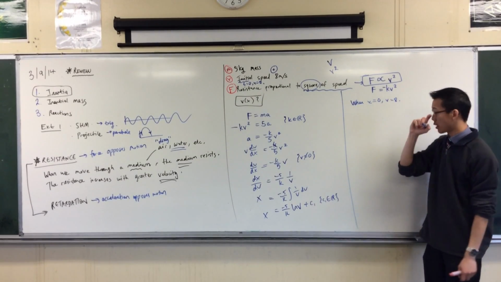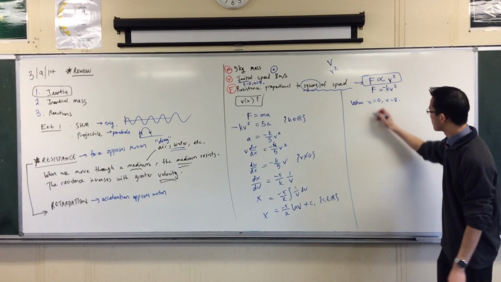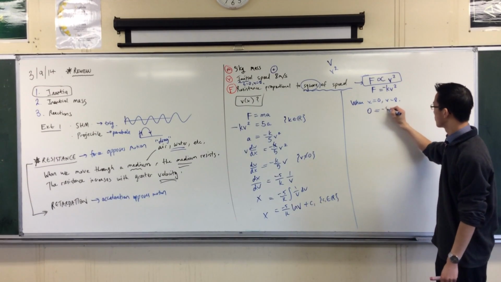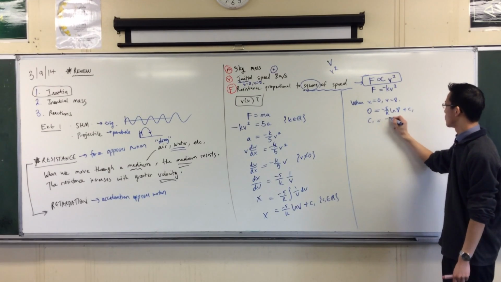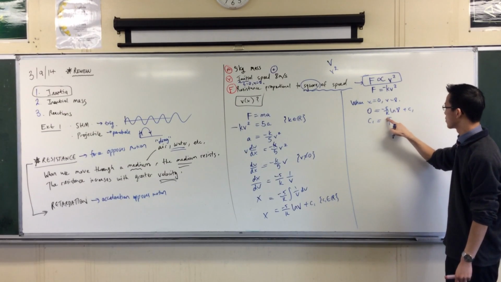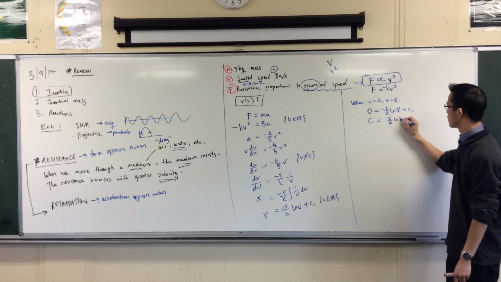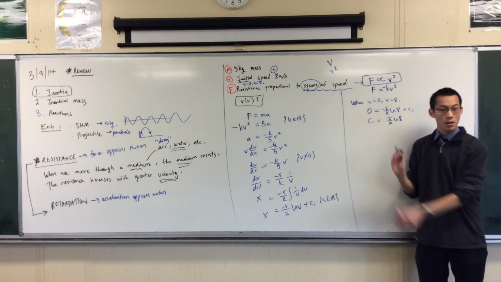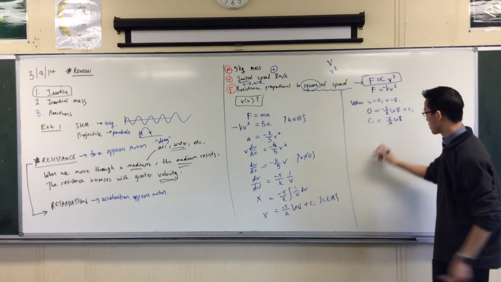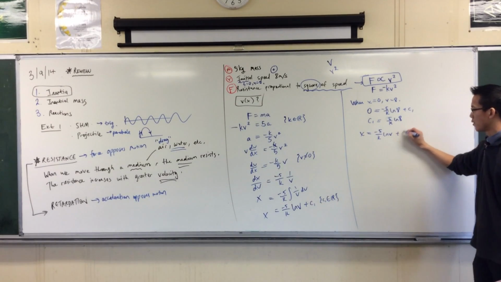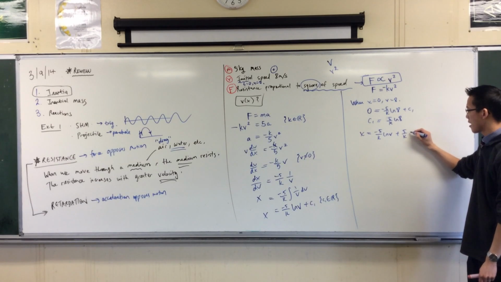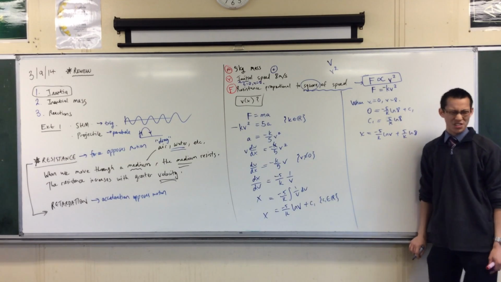Let's sub it all in. There you go. Now I can bring this back into my displacement equation, x equals, and it looks a bit gross with all of these log terms hanging around, but it's not so bad.